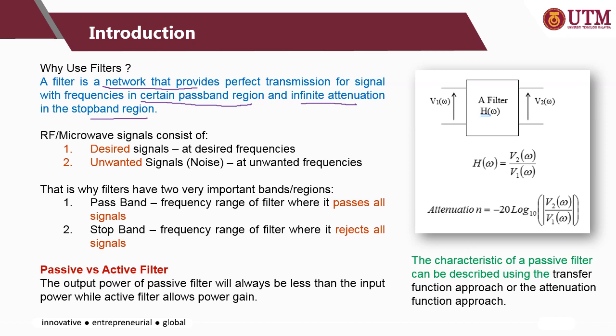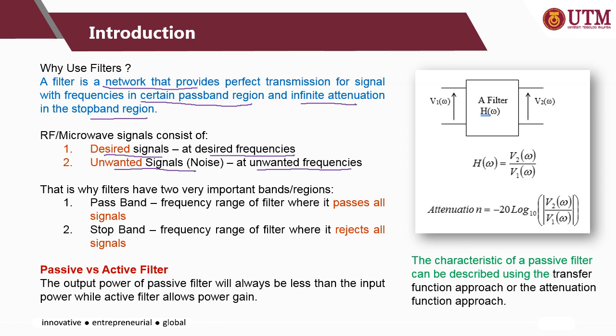So for an RF microwave signal, it consists of the desired signals and also the noise or unwanted signals. The desired signal usually lies within the specified frequency bands, while the noise or unwanted signal lies outside of the desired frequency bands.